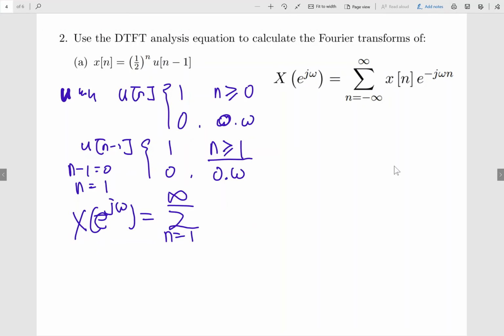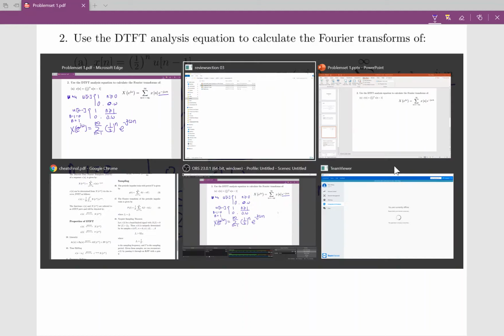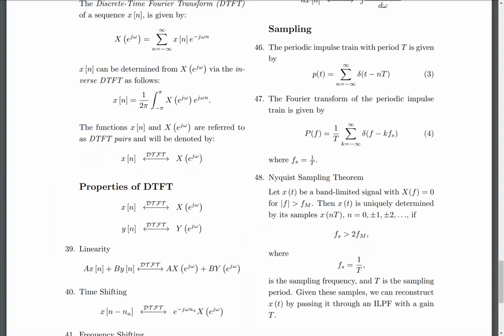Here we already know what x[n] is. x[n] here is (1/2)^n, and then we copy this part, e^{-j omega n}. So we are going to use the geometric sum. Geometric sum is on your cheat sheet, first page.